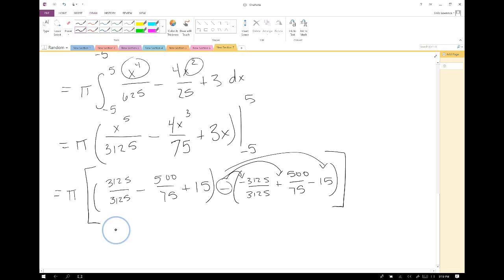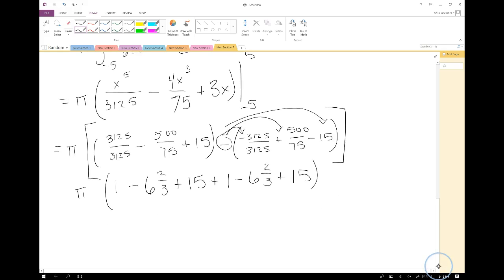So this is 1 minus 6 2/3 plus 15, and that's plus 1 minus 6 2/3 plus 15. For my whole numbers, I've got 32.